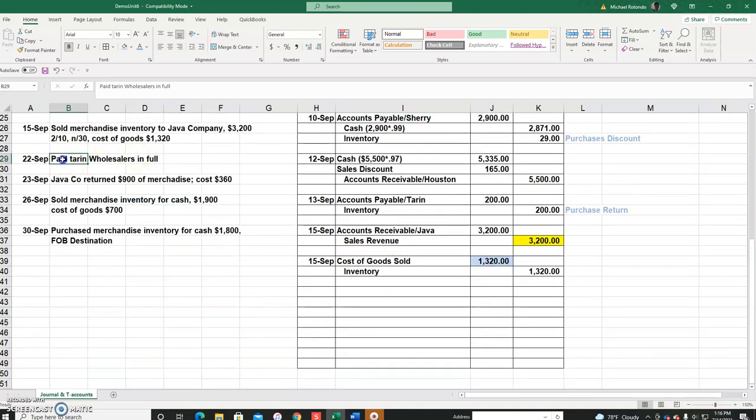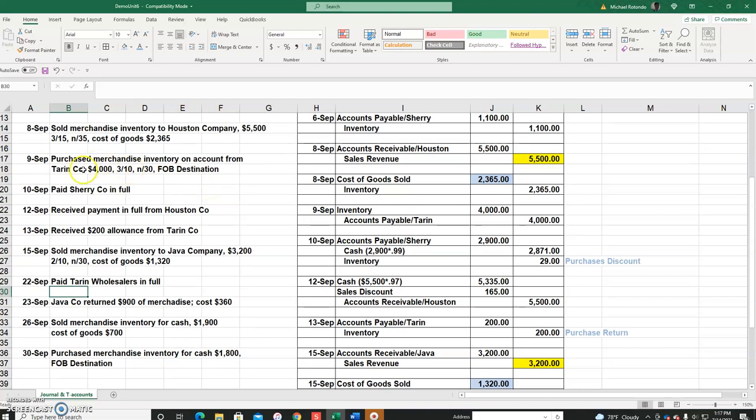Okay, so on the 22nd, it said we paid Terran wholesalers in full. So with Terran now, we had a $4,000 purchase on the 9th, and we received an allowance on the 13th. Then we have to make sure they are within the discount period. And so that was 10 days. So they are not within the discount period, so there is not going to be a discount for them.